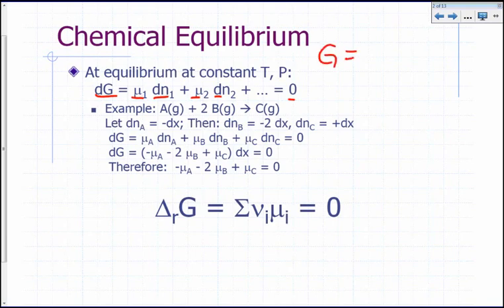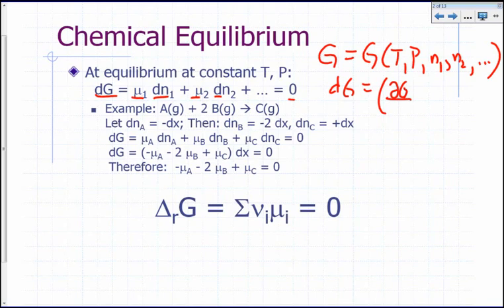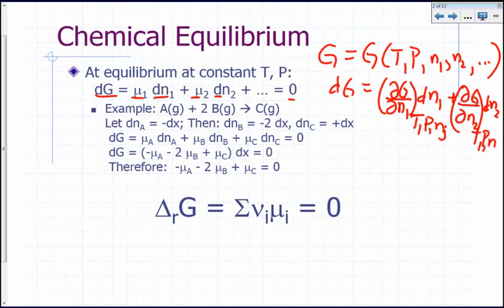If you remember, G is a function of T, P, number of moles of 1, number of moles of 2, and so on. At constant temperature and pressure, you just say dG is the partial of G with respect to N1, dN1 at constant temperature, pressure, and other moles, plus the partial of G with respect to N2, dN2, holding temperature, pressure, and the number of moles of other species constant, and so on.